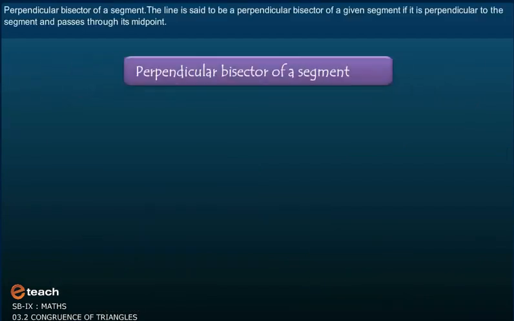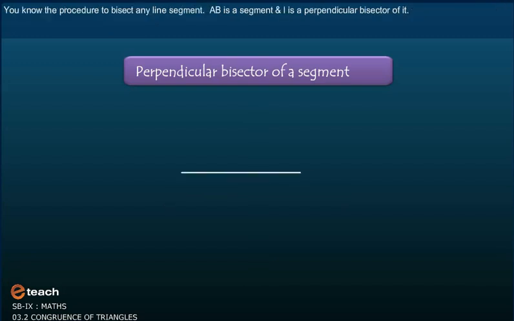Perpendicular bisector of a segment. The line is said to be a perpendicular bisector of a given segment if it is perpendicular to the segment and passes through its midpoint. You know the procedure to bisect any line segment. AB is a segment and L is a perpendicular bisector of it.